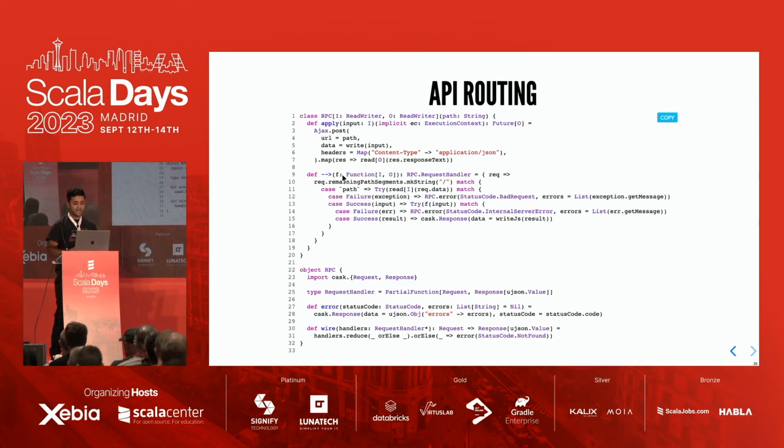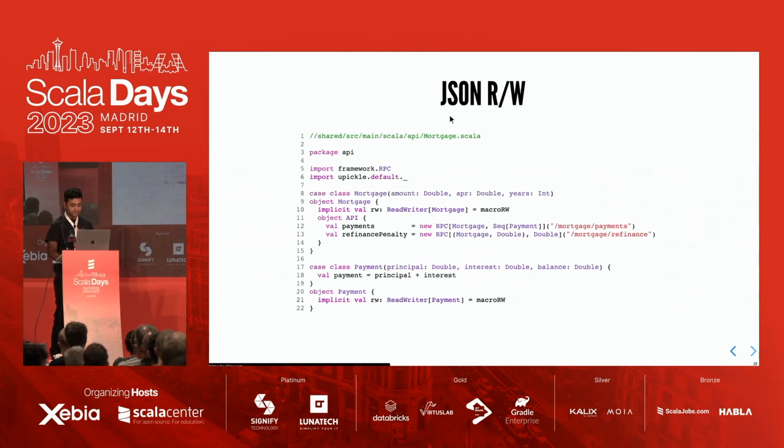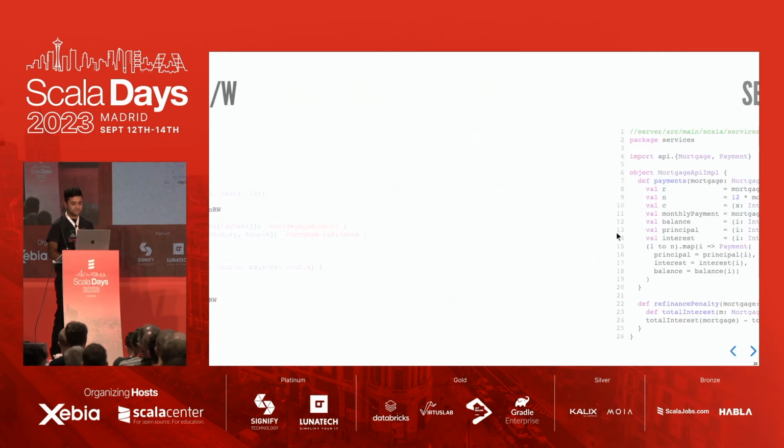It's completely type safe because it uses the same input and output type parameters, because my f has to be a function of I to O. And it returns a partial function, so it may be able to satisfy the request. And it can only satisfy the request if the request path matches the path that I said this API is declared on. So in this case, I can only respond if my API lives at this URL.